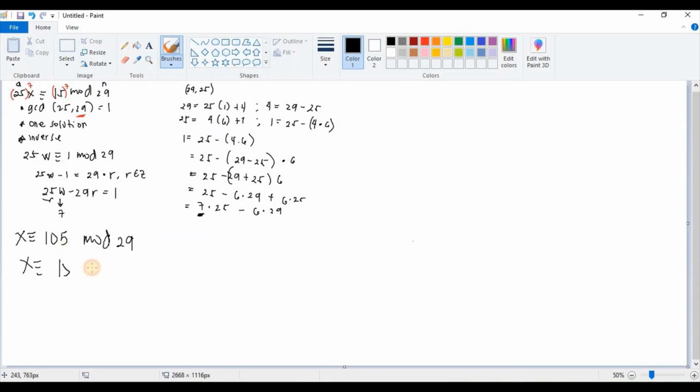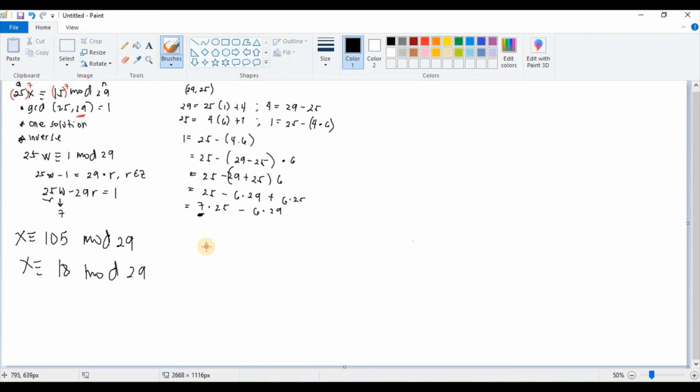So we have 18 mod 29. Again, x became this because what we looked for is the inverse. If you multiply the inverse to the linear congruence, it will go back to 1. Therefore, x is congruent to 18 mod 29.